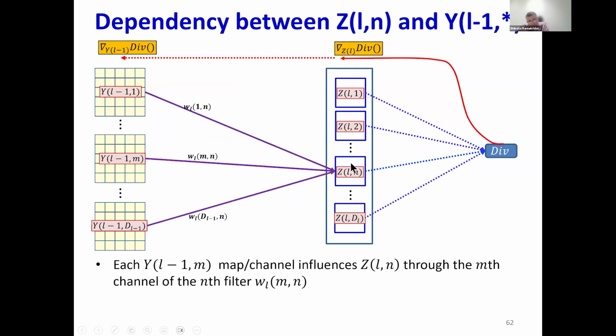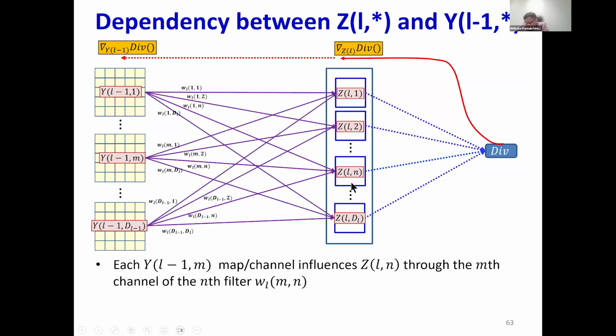And so if I just want to simplify the picture, the first channel of the L-1th layer convolved with the first channel of the nth map, the second, and so in general, the mth channel of the L-1th layer convolved with the mth channel of the nth map to give you the nth channel of the affine map in the forward pass. So if you draw all of the dependencies, every one of these input channels was used in the computation of every one of these output channels, and every one of these output channels in turn was used in the computation of the divergence.